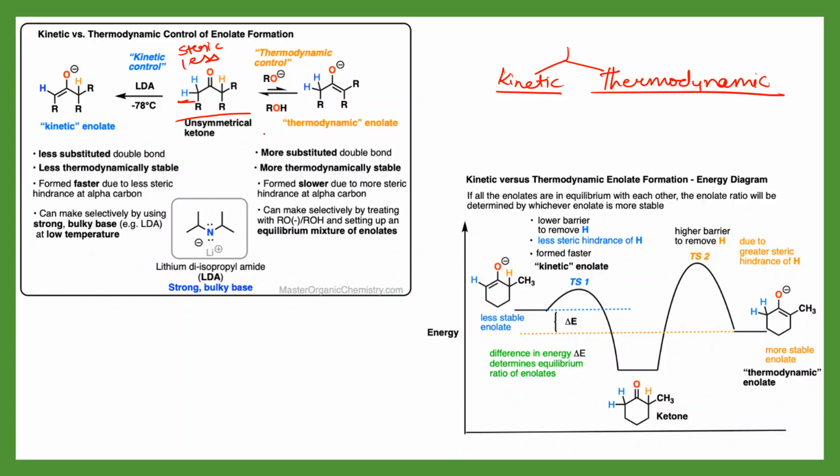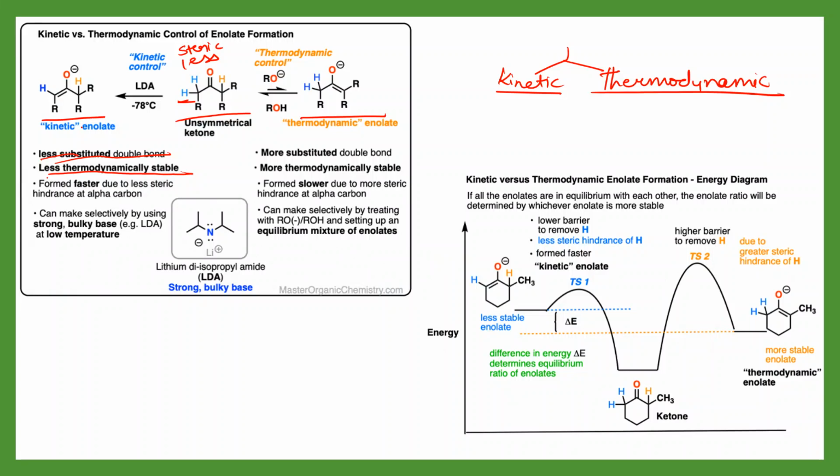But if we look at the features of these enolates, we can observe that in the kinetic enolate, a less substituted double bond gets formed, but it is less thermodynamically stable. If we look at hyperconjugation of these two, this right side enolate is the more substituted one, while this is the less substituted double bond.